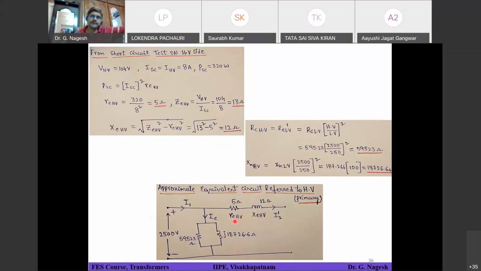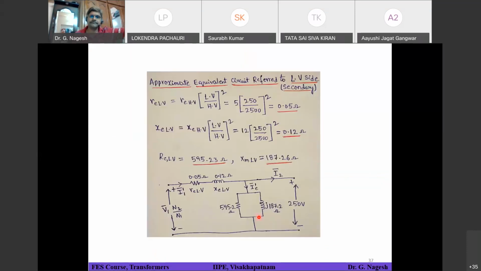In that case, your REHV and XEHV will be changing. So RELV will be REHV into N2 divided by N1 whole square, so it will be 0.05, and XELV will be 0.12.